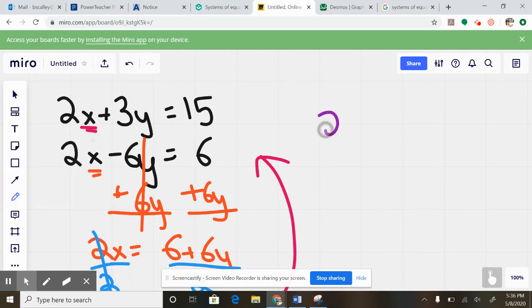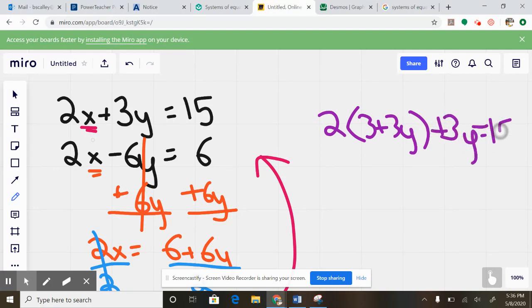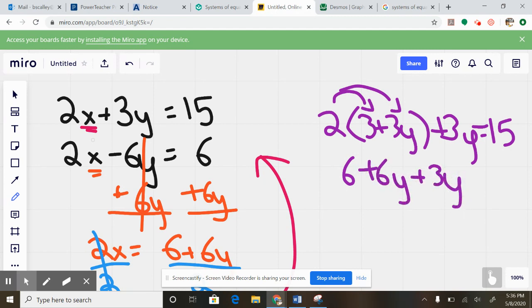is going to be 2 times (3 plus 3y) plus 3y equals 15. And then I need to distribute. I get 6 plus 6y plus 3y equals 15.